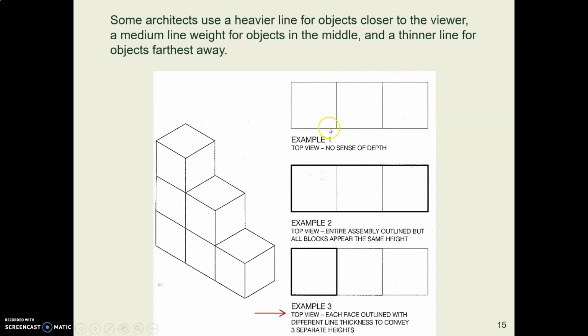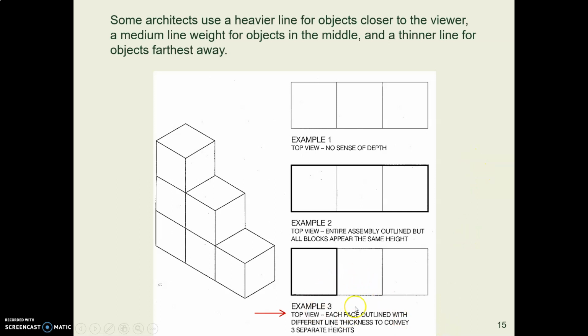Here's the first example where they're all just one line weight. You can't really tell what's going on from the top view. In the middle, this example shows all of them outlined with a profile line. Okay, now we know where they contacted the air, but you still can't tell what's going on.